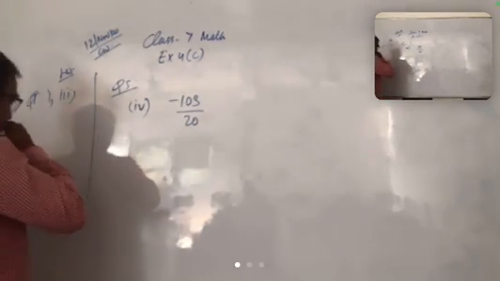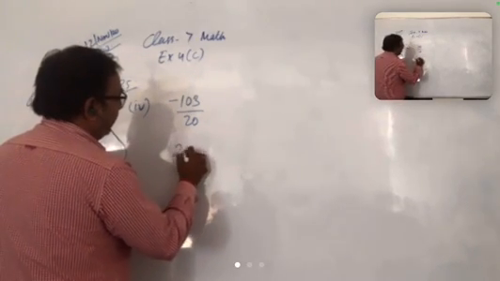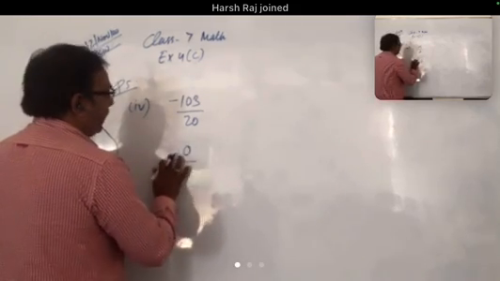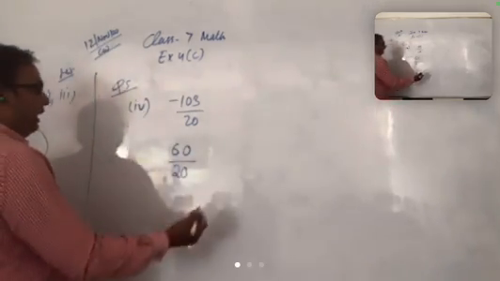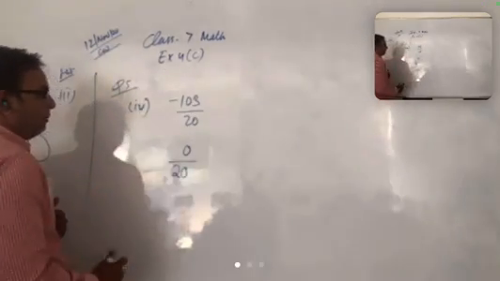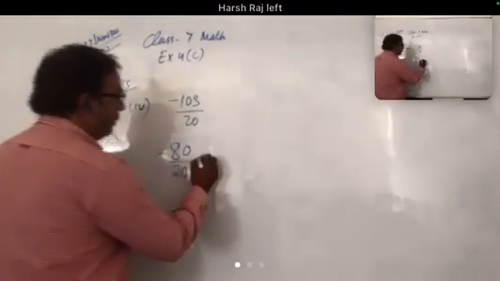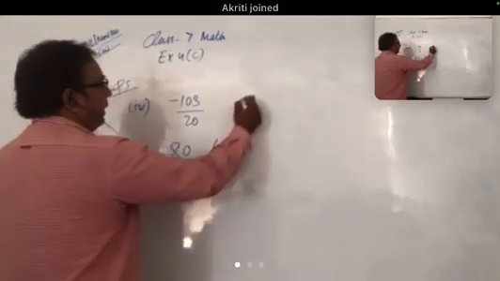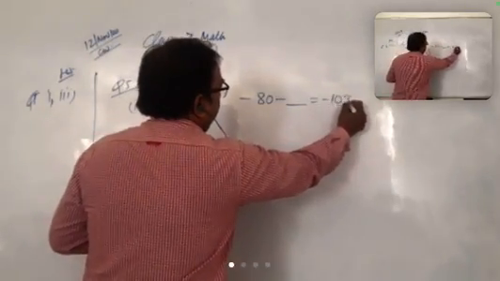So we have to write, suppose, 20 upon 20, and you can also go further, 60, 70, 80, anything, it's up to you, but less than 103. Suppose we take 80 upon 20, minus 80, then we put minus here, then bracket. Now minus 80 minus what becomes minus 103?